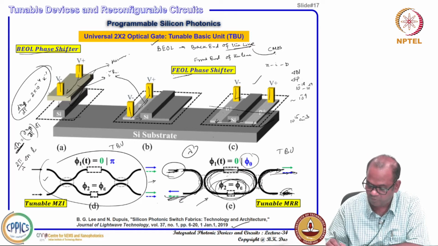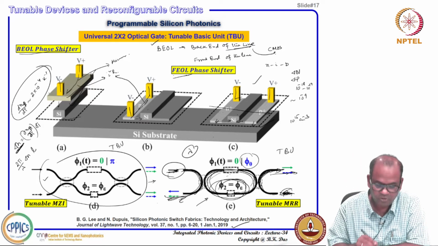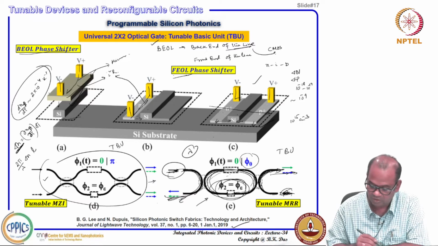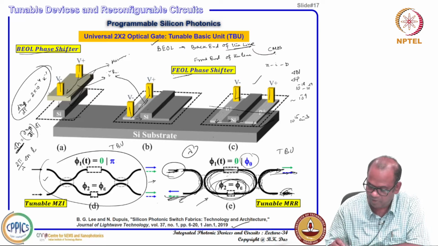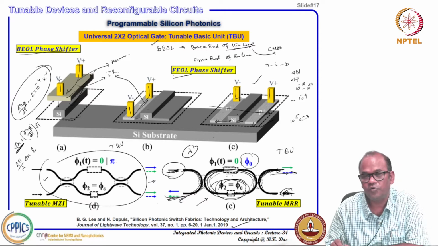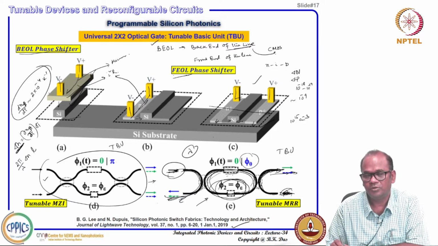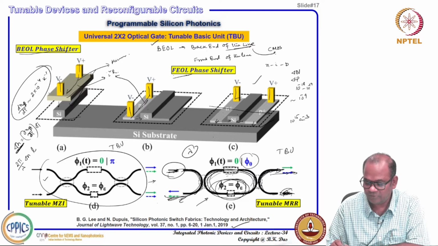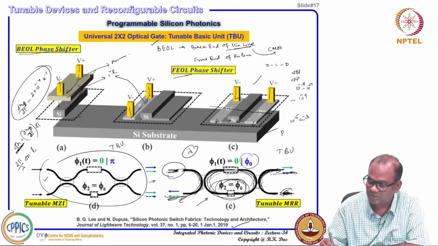However, the footprint for a ring resonator based TBU will be relatively smaller compared to the Mach-Zehnder interferometer based one, because this ring resonator can be as small as 10 micrometers. However, if you want to introduce a reasonable amount of phase with a thermal phase shifter, that means your temperature rise will be very high, which is not so desirable. That is the reason, to control the temperature, instead of a thermo-optic phase shifter, one can go for this type of phase shifter. It is called the plasma dispersion effect.